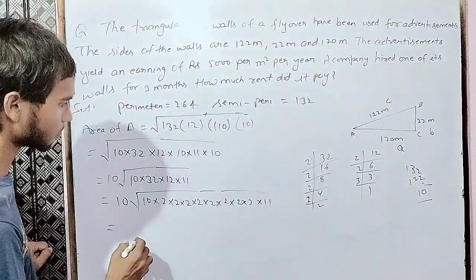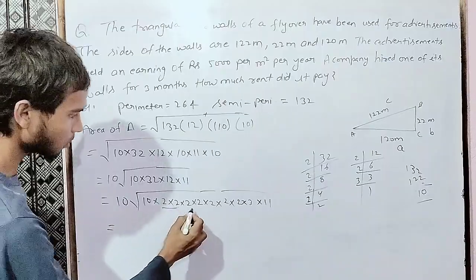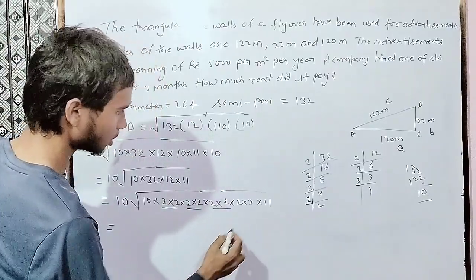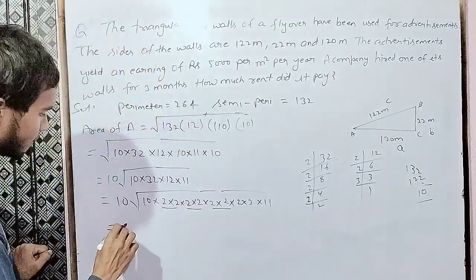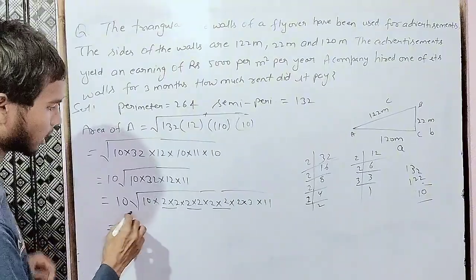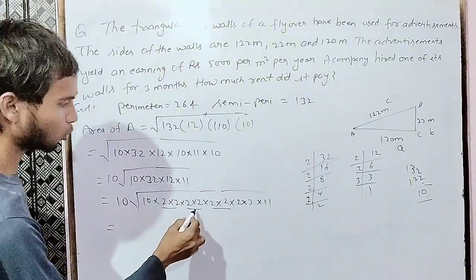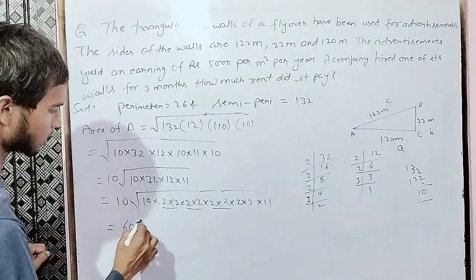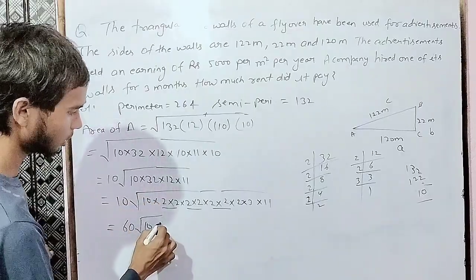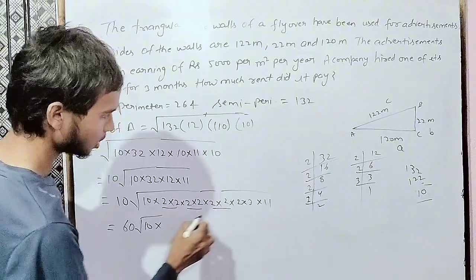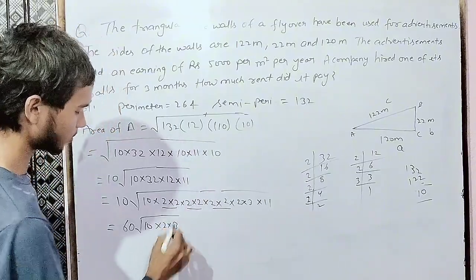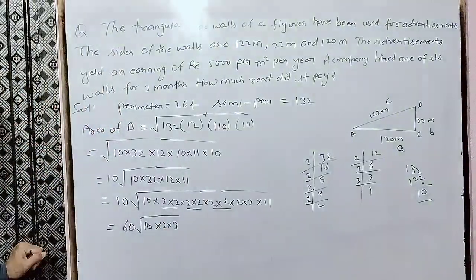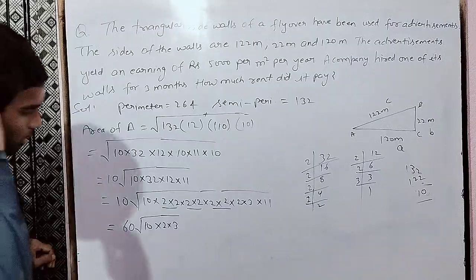So here, this one, this one, this one. I can write 10, 2, 2 to the 4, 4 to the 6. This will be 60, and here 10. What else? 2 multiplied by 3.